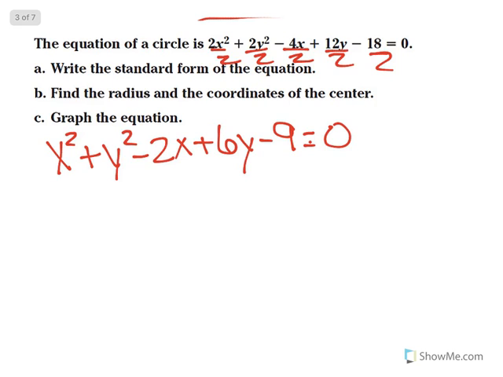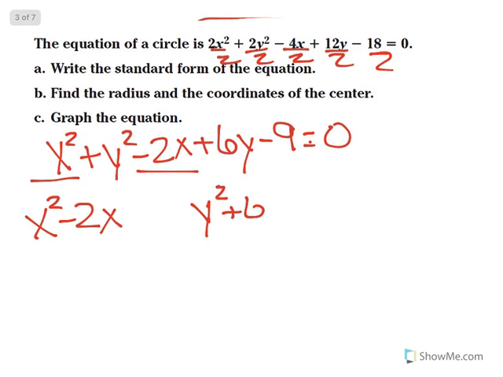All right. Still looks like a big giant equation, but if we turn them into two different parts, let's go and separate out our x's. So we've got x squared minus 2x, and then we've got y squared plus 6y. I just put my x's and my y's together.